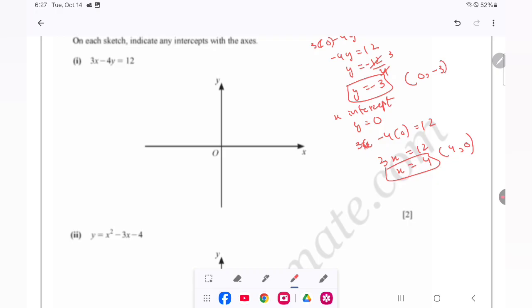The graph should be something like this. 1, 1, 2, 3.